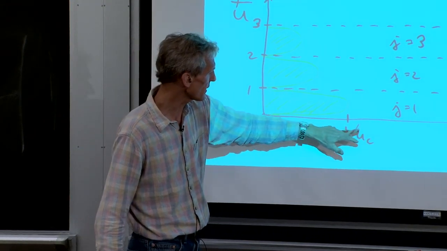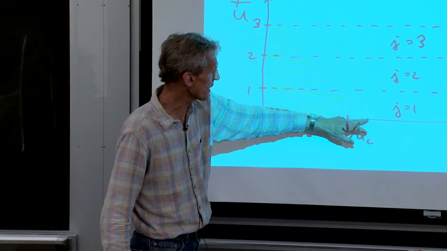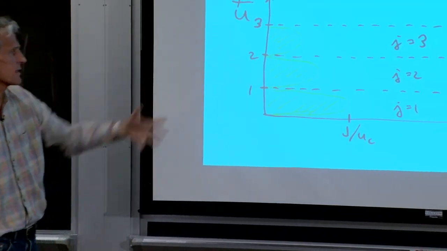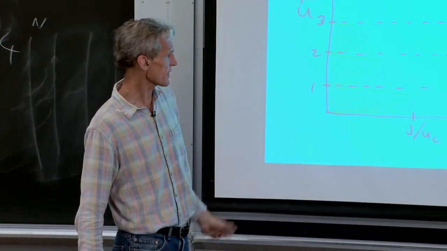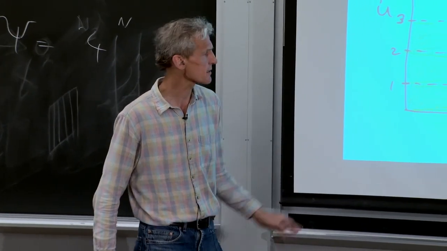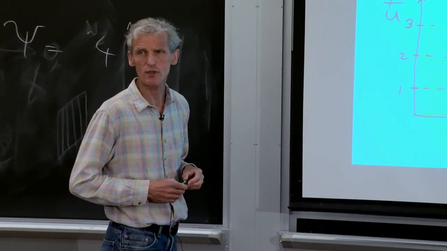However, if your tunneling is too large, you're only superfluid. So this is the way you derive this rather rich phase diagram of bosonic atoms in an optical lattice. Green is an insulating state, and white is the superfluid state.